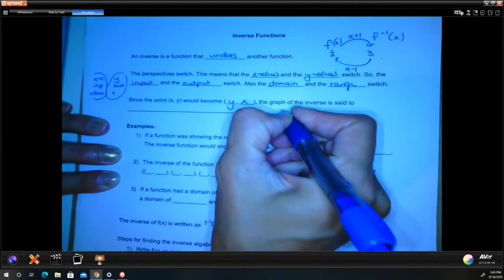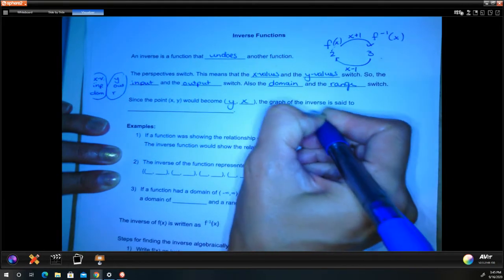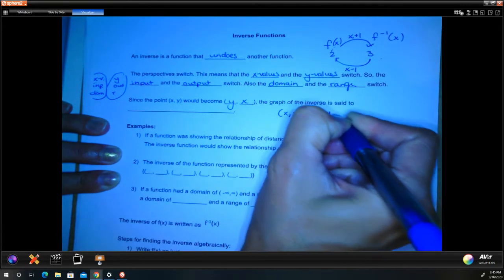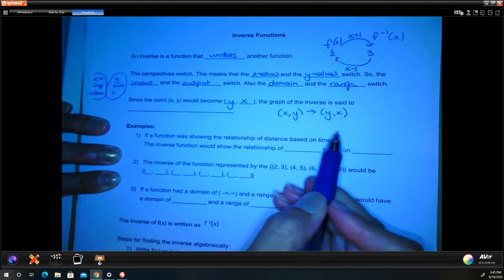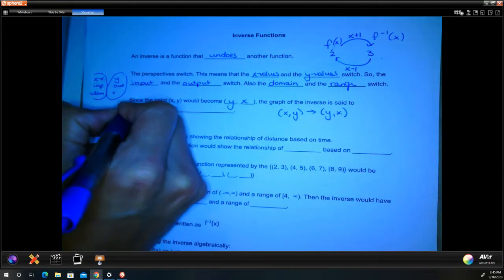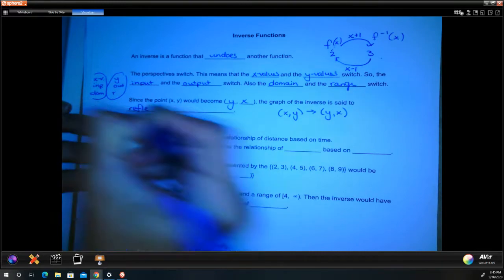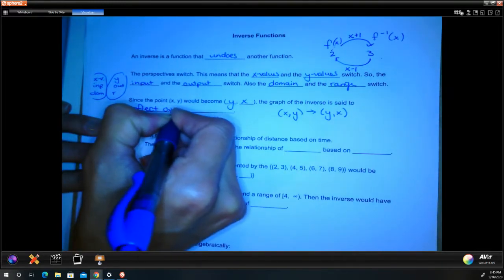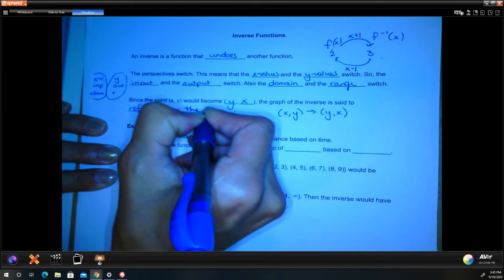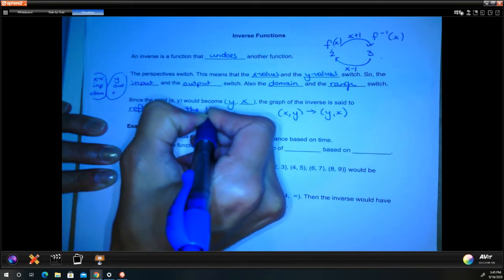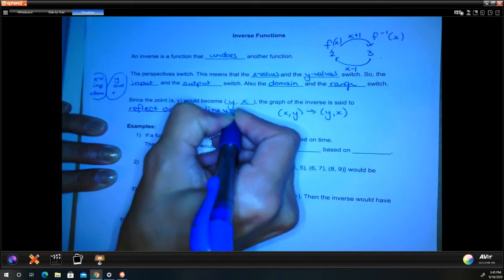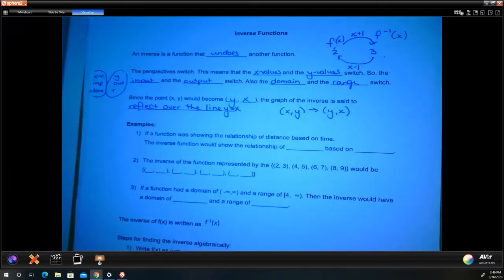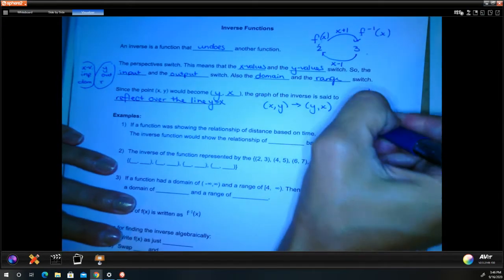If you remember from Math 2, you would write this transformation like this. This happens when the function is reflected. So the graph of the inverse is said to reflect over the line y equals x. So it's getting reflected over that line y equals x.